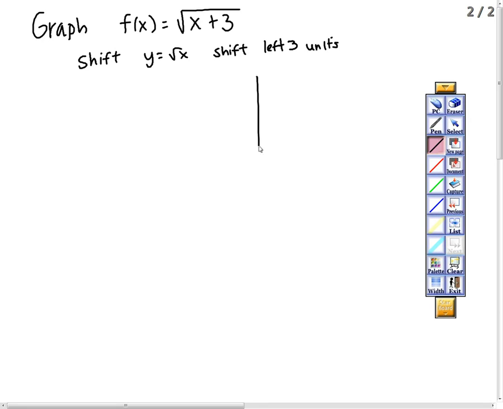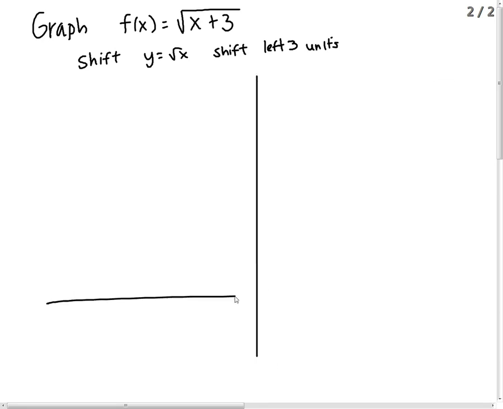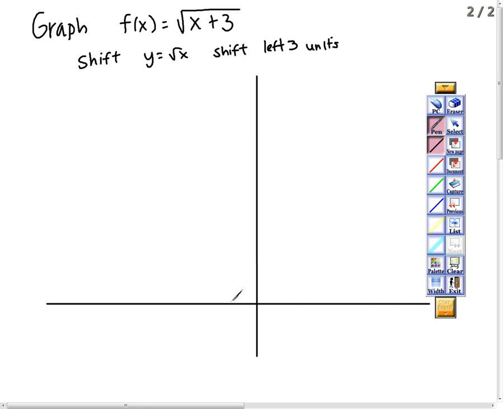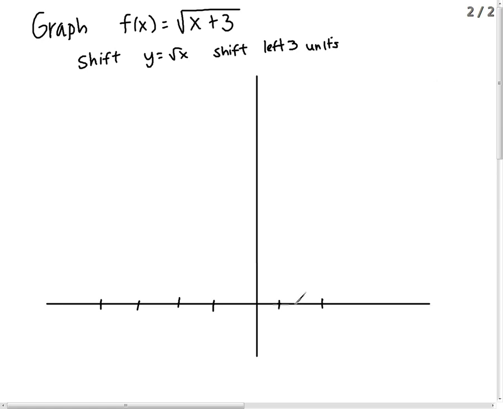Okay. So let's look at our graph. If I look at my original, I plug in 0, 1, 4, and 9, because those are the perfect squares. So 0, 1, 2, and 3, plugging into here.